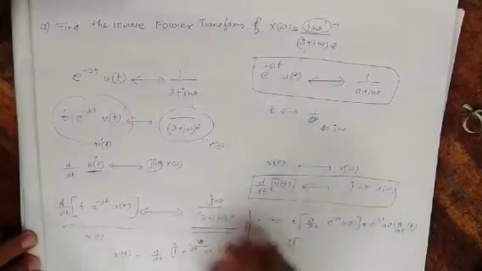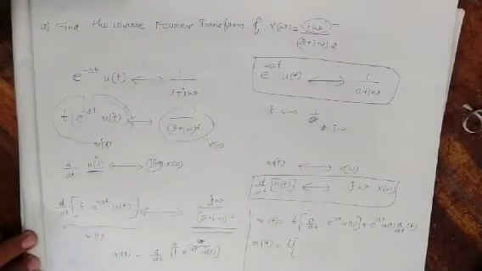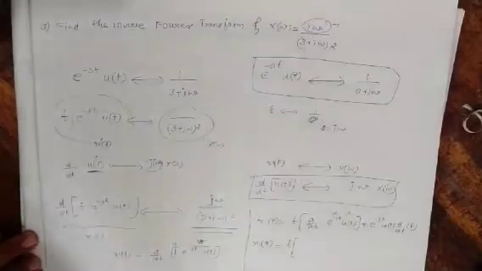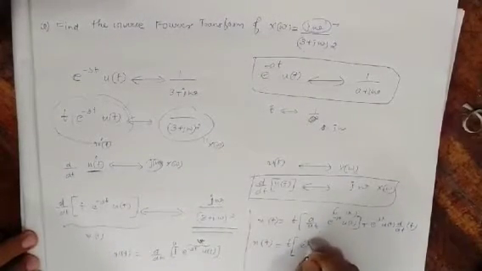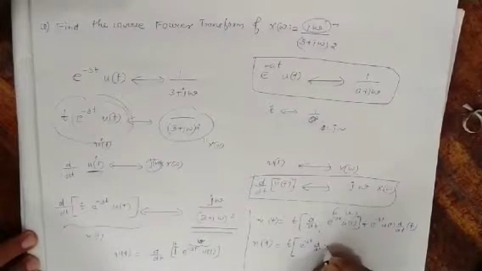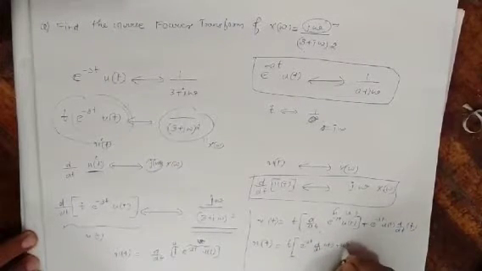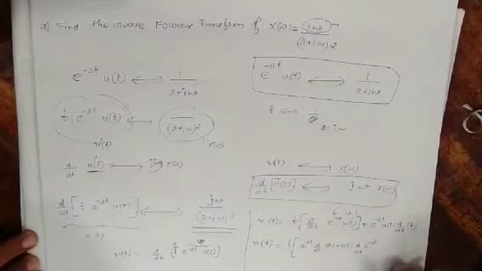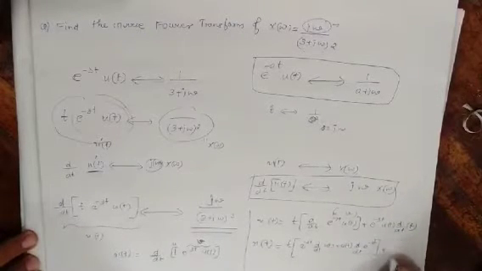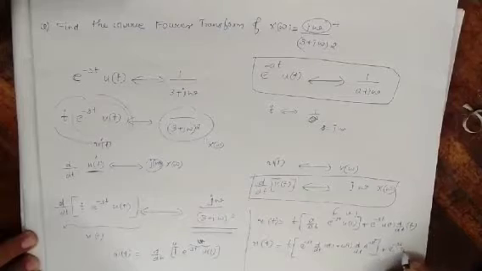Okay, then x of t equals t into d by dt of e raised to minus 3t u of t. Again we will use this multiplication, that is the uv method, that is e raised to minus 3t d by dt of u of t plus u of t into d by dt of e raised to minus 3t plus e raised to minus 3t u of t into d by dt of t, which is 1.